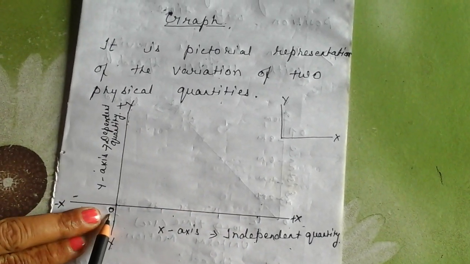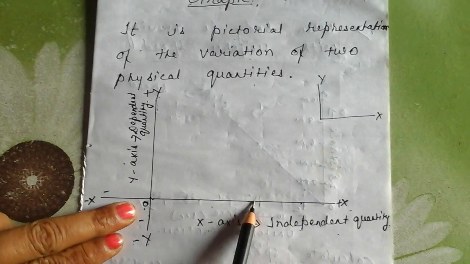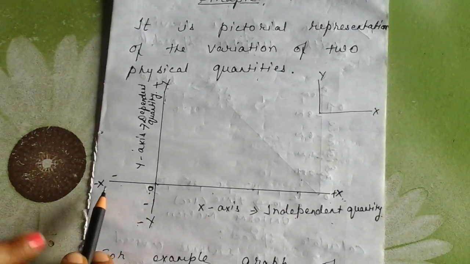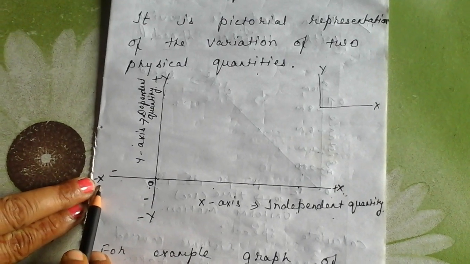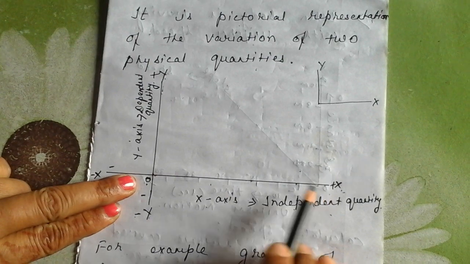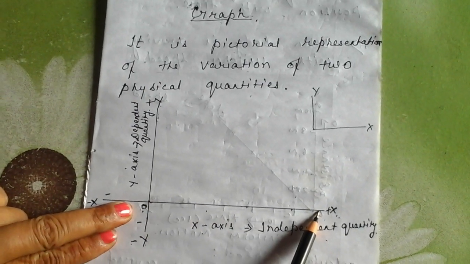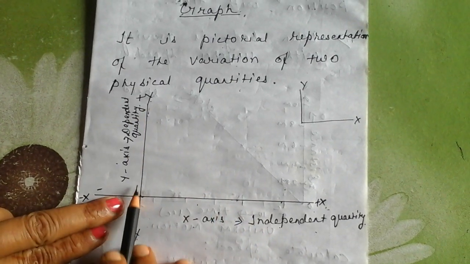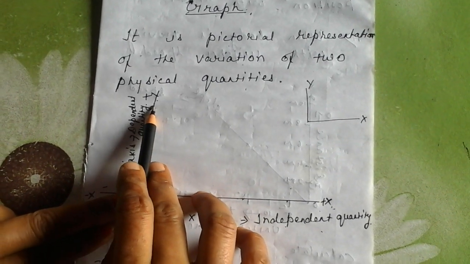This is the origin. Right side of the origin is positive x-axis. Left side of the origin is negative x-axis. This horizontal line represents the x-axis. This vertical line represents the y-axis.